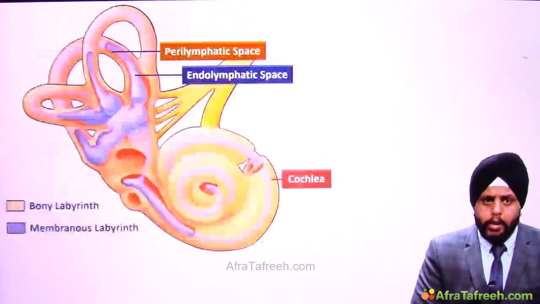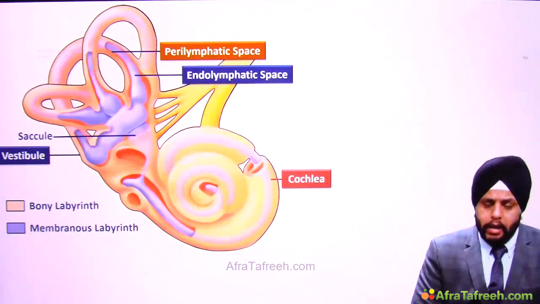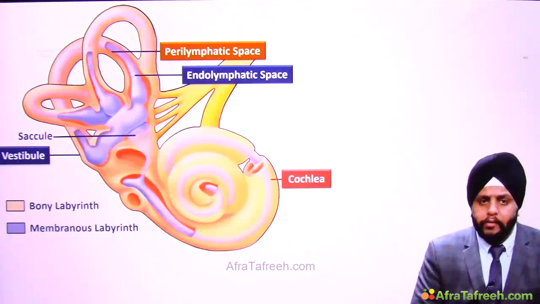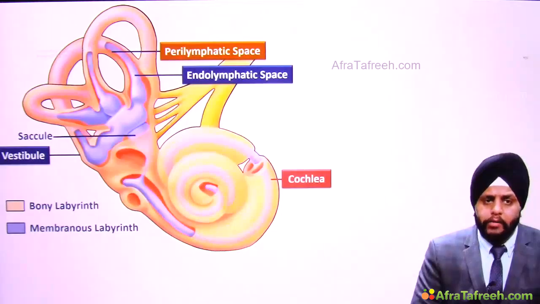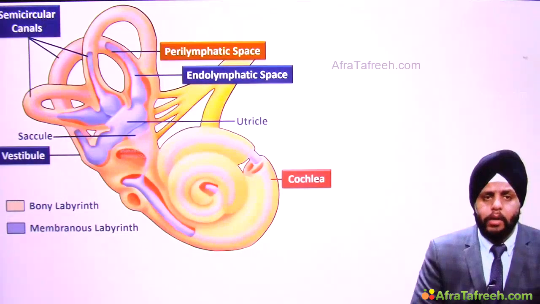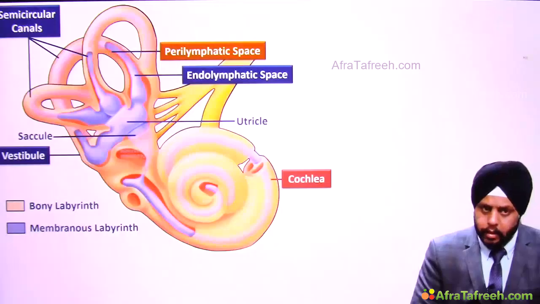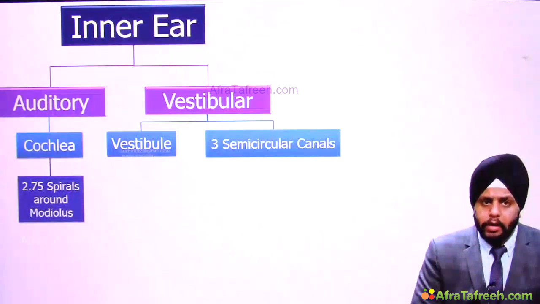Over here, this part is the vestibule, and inside the vestibule the membranous labyrinth has two sac-like structures, the saccule and the utricle. Then we have three semicircular canals: superior, posterior and lateral. So that is the anatomy of the inner ear.